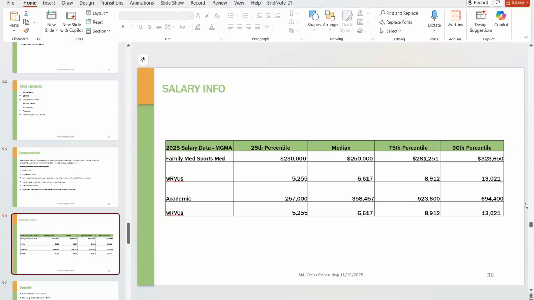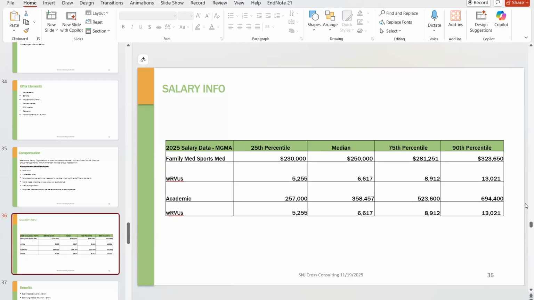When you look at work RVU, the one thing that you'll want to pay attention to is what they refer to as the conversion factor, and that's how much money you get paid in a dollar amount per work RVU. So you should be able to determine your conversion factor by dividing the base salary that they offer by the number of work RVUs.